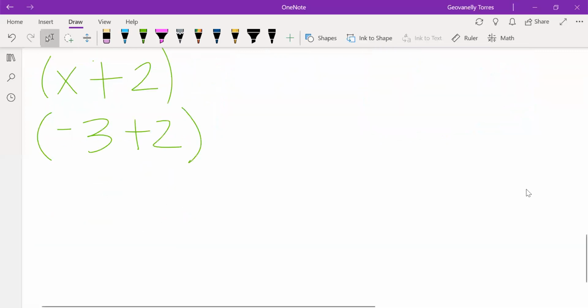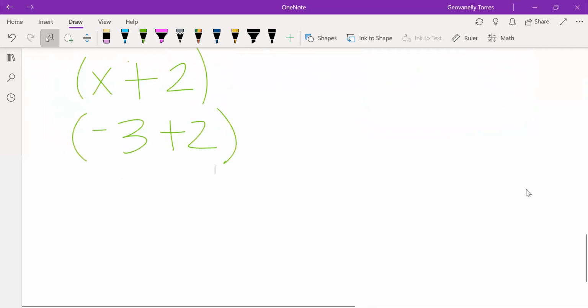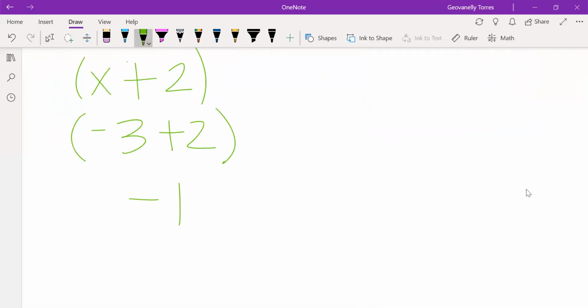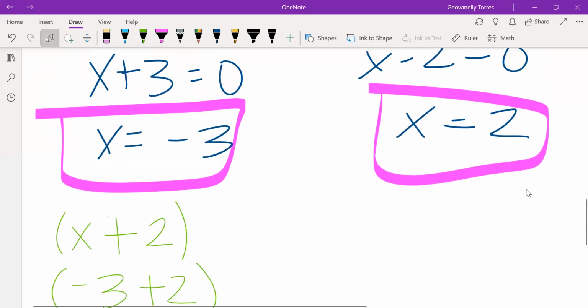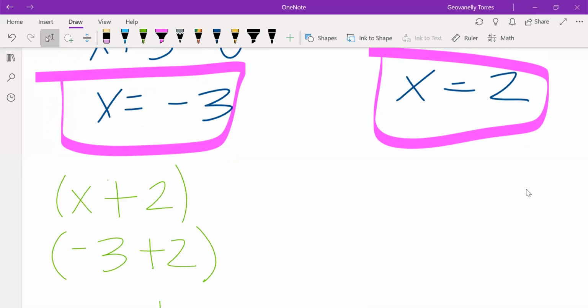And that gives us negative 1. And earlier we said that if it was a negative value, then we can't use the x. So here we got negative 1, a negative number, so it means that we cannot use negative 3.